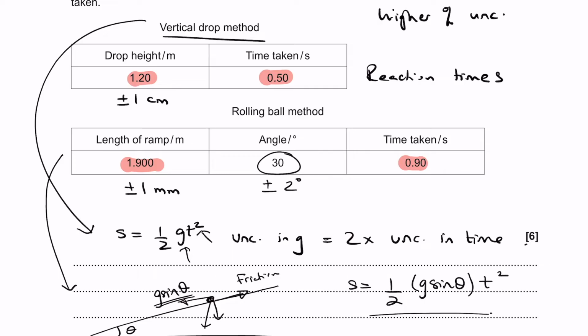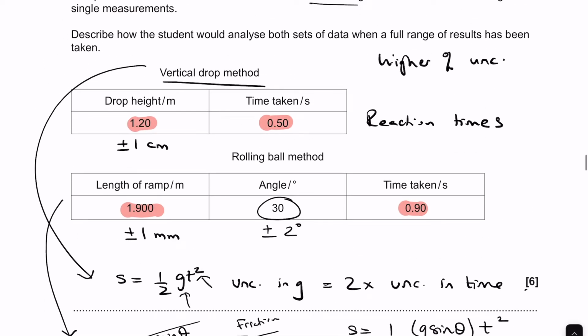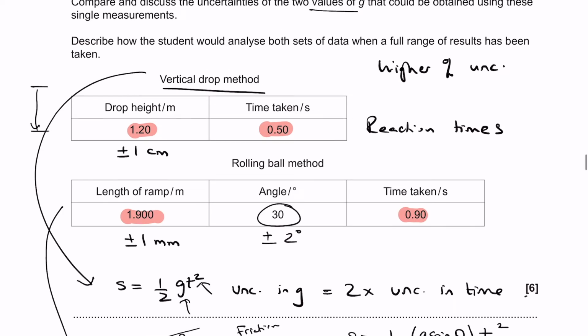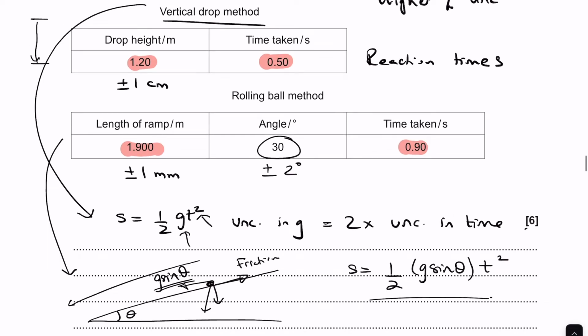Also, in the second method, it would be difficult to measure the time for the ball to roll down as it is at an angle, compared to the first method, which is just dropping from a simple vertical height. So those are, I think, in comparison, the uncertainties to be considered in the two methods, which I will write down in depth properly.